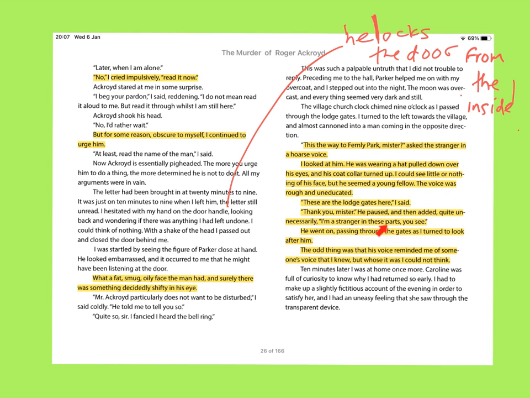Just so convenient too, the stranger actually announces that he's a stranger. "I'm a stranger in these parts, you see." Or however he speaks. Suitably, great timing to help with the misdirection. So look, multiple suspects. Parker, suspicion cast towards him. A mysterious stranger turning up to Fernley Park. "The odd thing was that his voice reminded me of someone's voice that I knew.